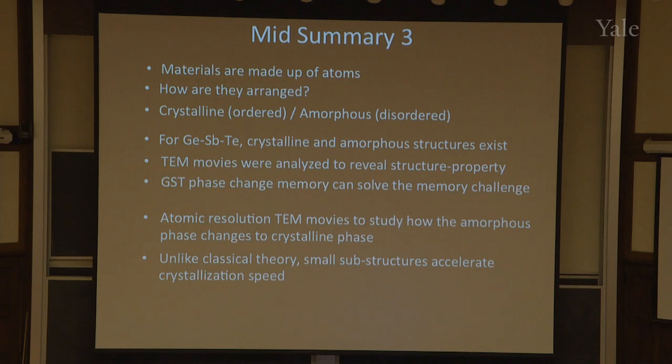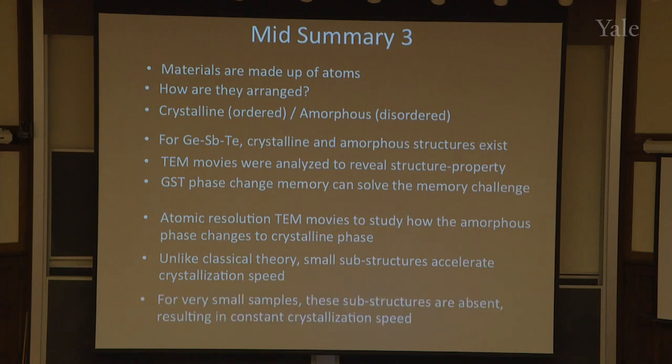Textbook will just tell you that atoms come and arrange and crystallize, and that if you hold at the same temperature, then that rate should be constant. That's what textbook tells us. And we found that that's actually not true. If you make your samples really, really tiny, then these substructures are absent, and your crystallization rate becomes constant, right? So that's what we learned.